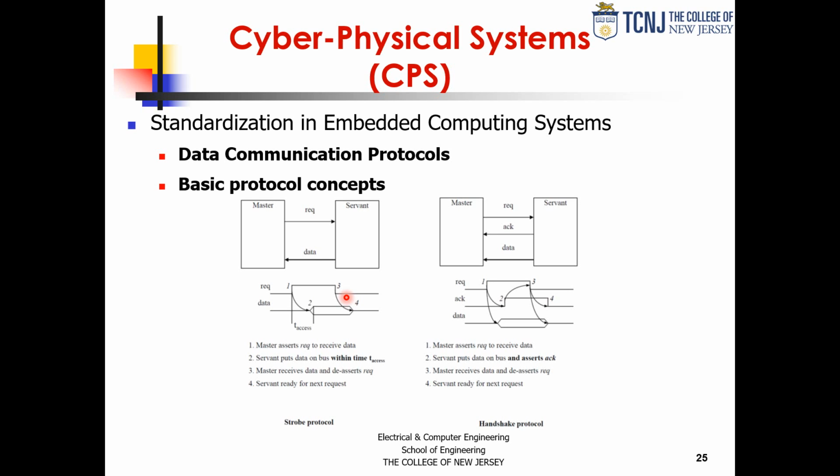So in a sense, that's a weakness. Depending on your system, if you have to design a protocol that is more resilient, that you need to know that you have the right data, that the message was received, then maybe you don't rely on timing. You rely on an event-driven protocol, which is the one here on the right, and relies on a handshake.